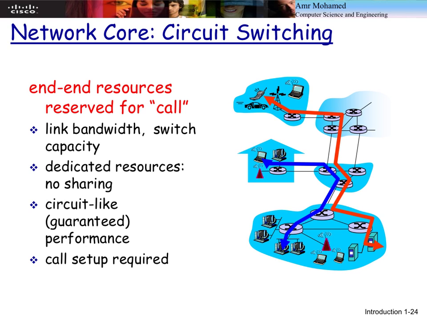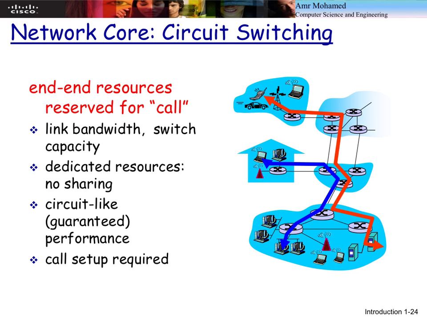Okay? So in that case, what we need to do at the beginning is to first establish the circuit. And that's one of the disadvantages of circuit switching, that you have to establish the circuit first. And sometimes this circuit establishment takes seconds. So first you have to create the circuit, then you start sending information.